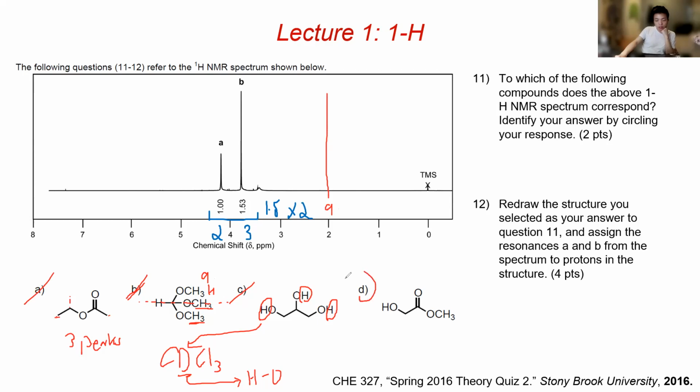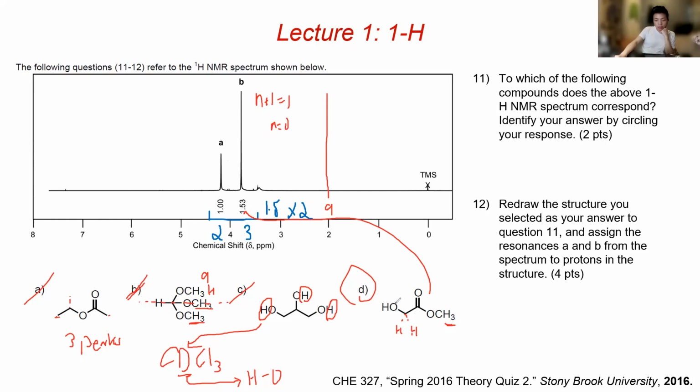And D is correct, I agree. And remember we said that for ester, it's around 3.5 to 6. And we multiply by 2, we have 3 hydrogens, and that makes sense. This is this one. And singlets, which means there's no nearby hydrogens, which is true.